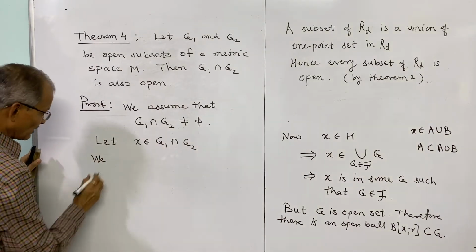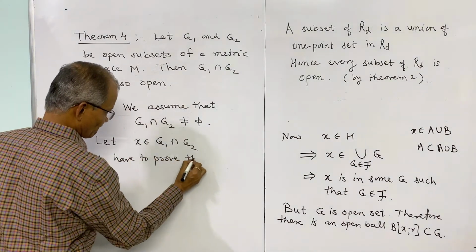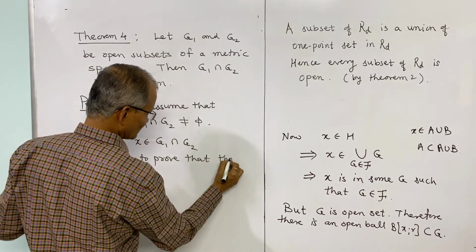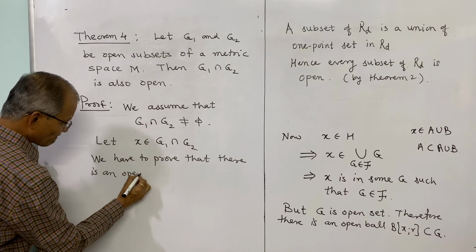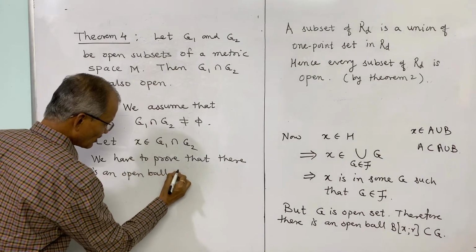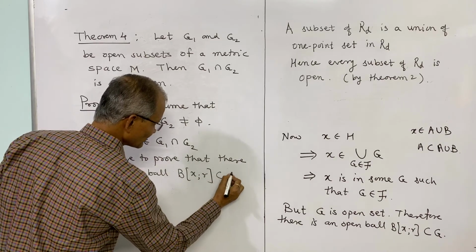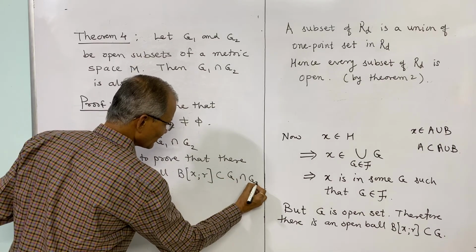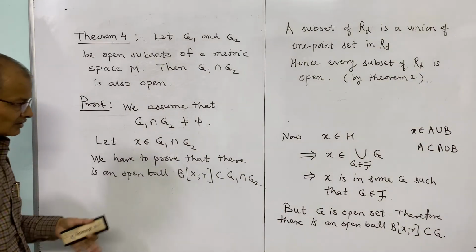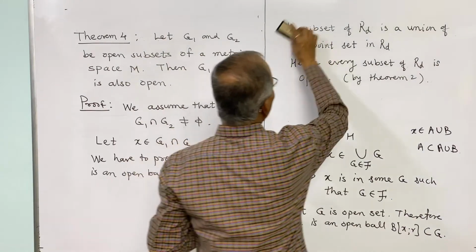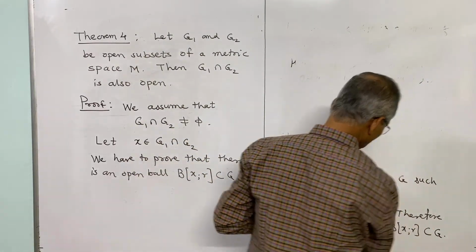To prove this is open, we have to prove that there is an open ball around x of radius r which is contained in G1 intersection G2. Then this will prove that G1 intersection G2 is open. Now we shall start with x belongs to G1 intersection G2.